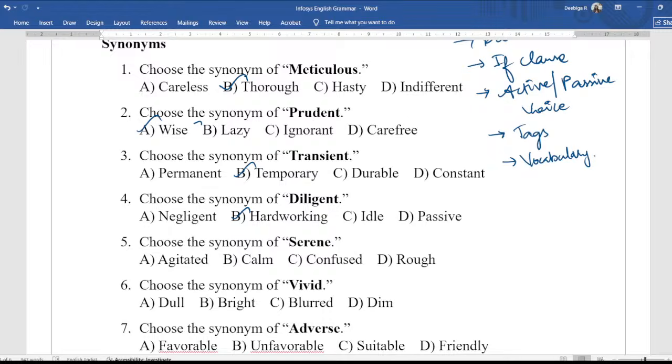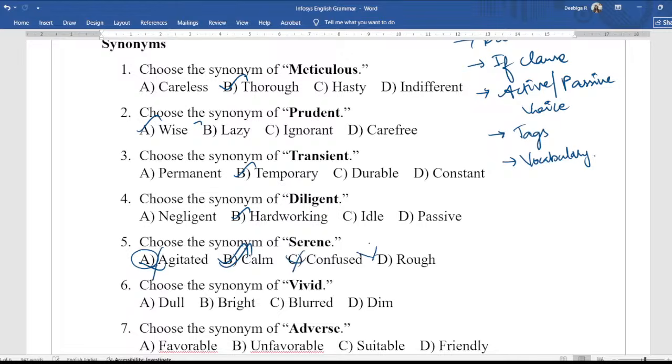Choose the synonym of serene. Serene means actually calm. When you're calm, that is what is being serene. So agitated is when someone is not calm, when someone is highly reactive, someone who is not in a grounded situation. So the correct answer is calm, not agitated, confused or rough.